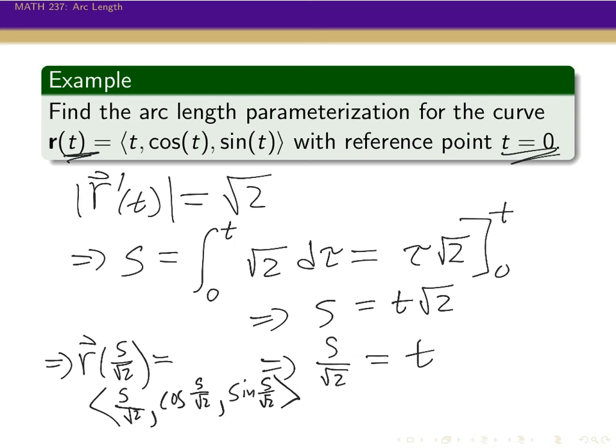So as I said, this was a really straightforward example. This one is pretty nice because the speed already was a constant, so going from a constant down to 1, you're just dividing by the right amount. Quite often that is not nearly this nice.